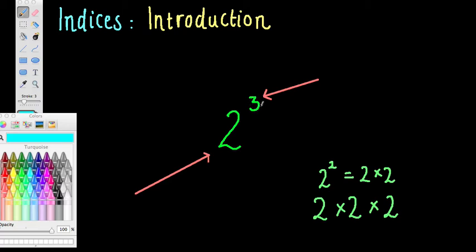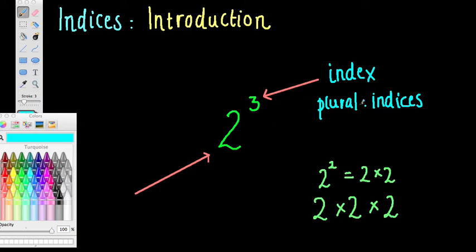With indices, we need to fill this in a little bit further. This little number here is called the index. If I was to talk about more than one of these, I don't say indexes, the plural for index is actually indices, which you'll see is the title of this topic. So one of these would be an index.